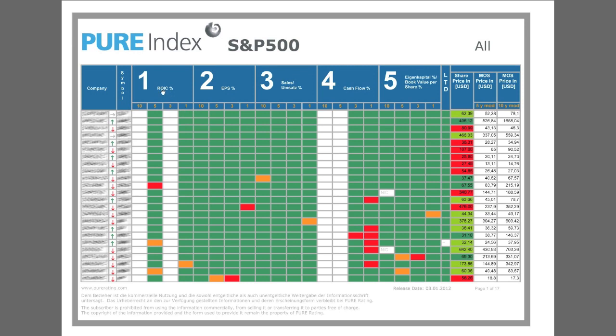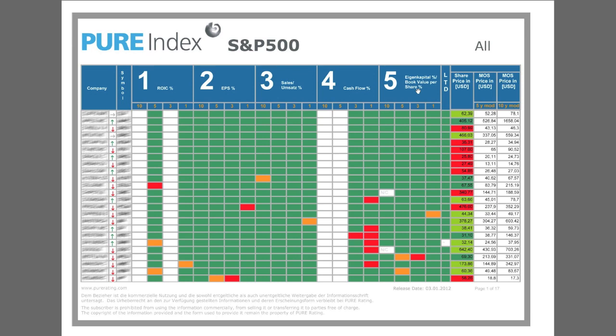The first ratio is the return on invested capital, followed by number 2, the earnings per share, followed by revenues. Then we run an analysis on the free cash flow, and last but not least, we have the book value per share analyzed.